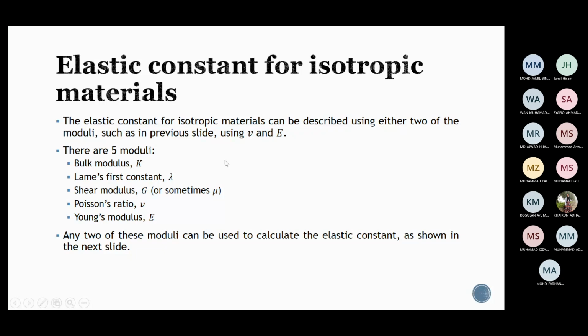But there are 5 moduli or 5 elastic constants that can be used to define the material behavior for isotropic linear elastic: bulk modulus K, Lame's first constant lambda, shear modulus G, sometimes using the symbol mu, Poisson ratio V and Young's modulus E. Any two of these moduli can be used to calculate the elastic constant C, and this is shown in the following slide.